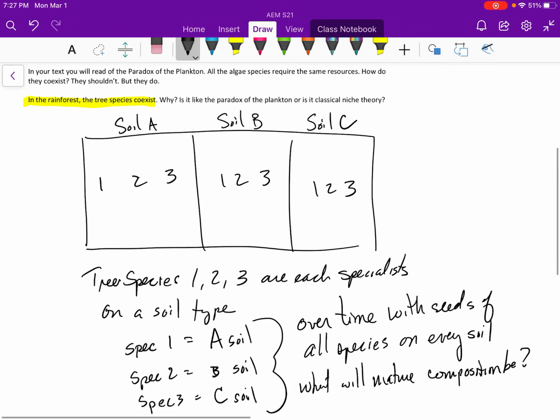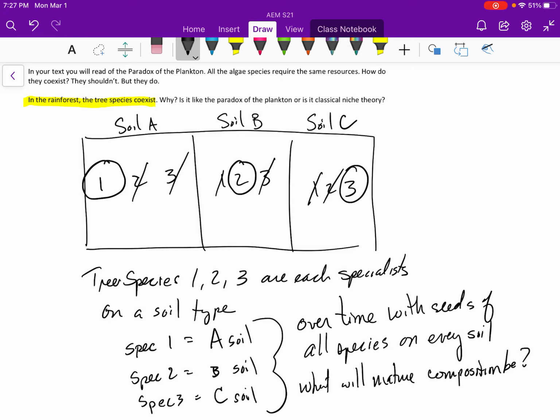You might be able to imagine that according to niche theory, if in fact they are specialists on each of these things, we should see species 1 on soil A, species 2 on soil B, and species 3 on C, and the other ones should be outcompeted as a result of competitive exclusion. And as a result, the outcome would be a group of trees such that only species 1 is on soil A, species 2 is on soil B. This is an extinction structured community.